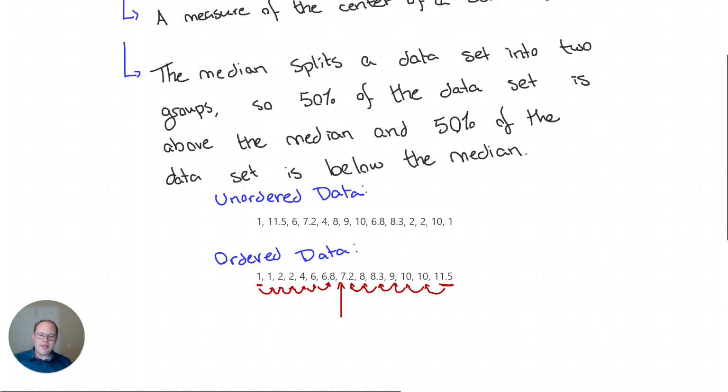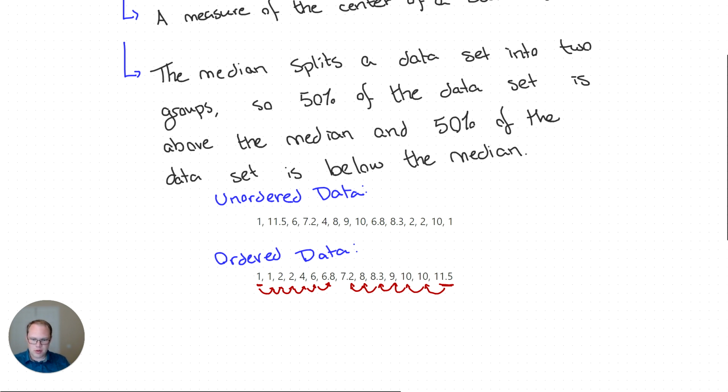Okay? When this happens and we don't end up in the exact middle of something, we take the average of the two values that are closest to the middle. So in this case, we don't have just one value in the middle. We have two values together in the middle, so we're going to take the average of them.